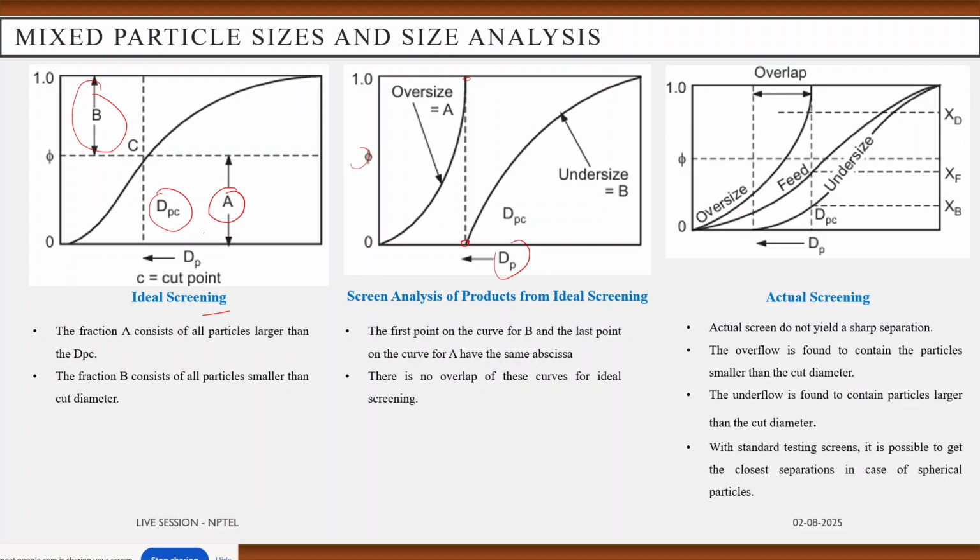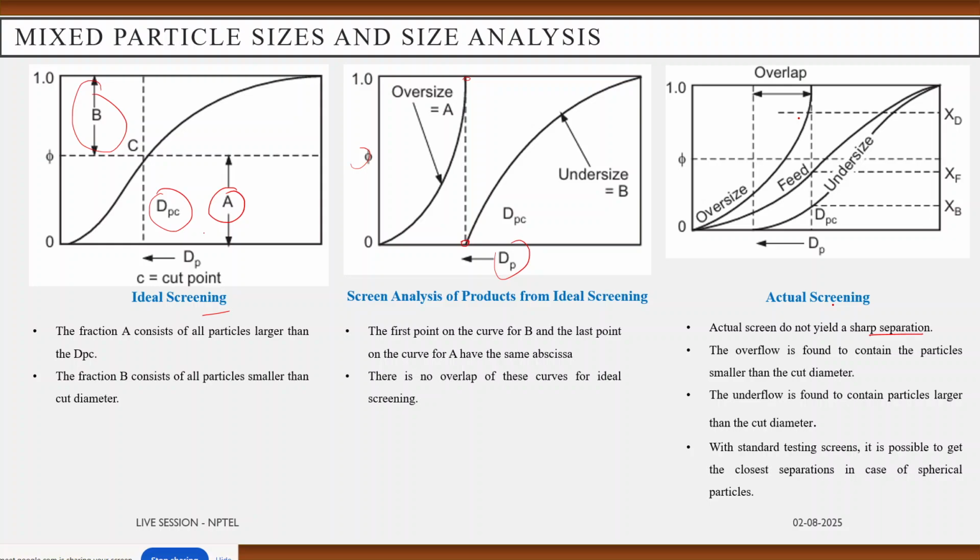So what we get is this kind of overlap graph, which represents the actual screening, and it does not yield any sharp separation. So the overflow is found to contain particles smaller than the cut diameter, and the underflow can also contain particles larger than the cut diameter.